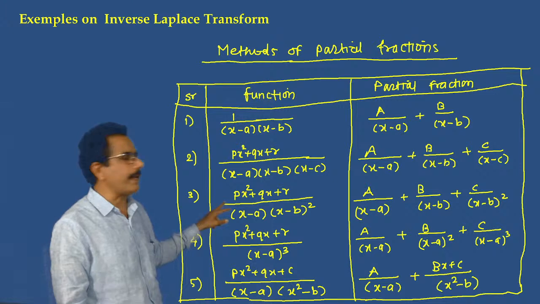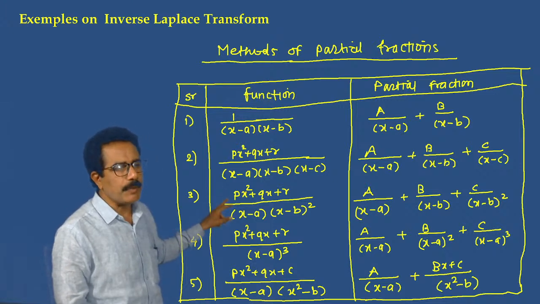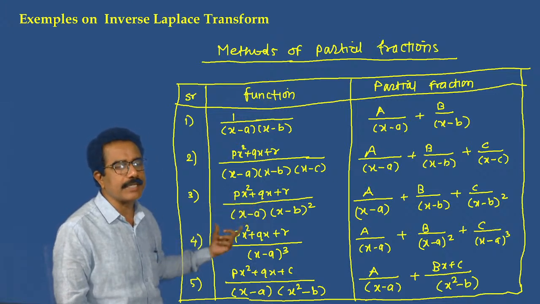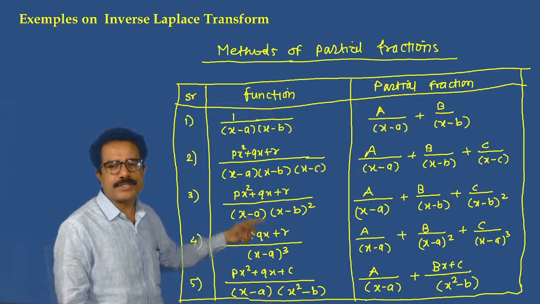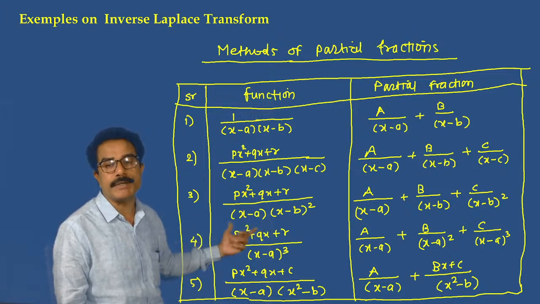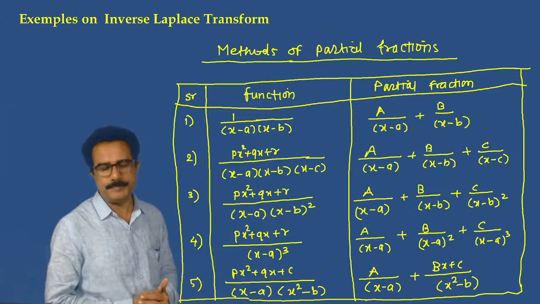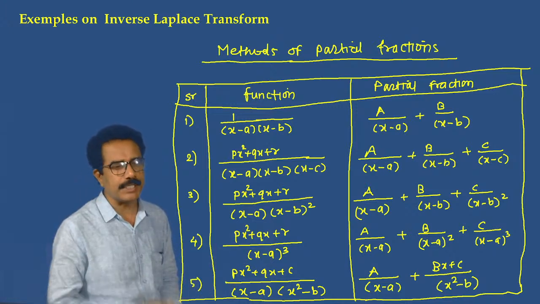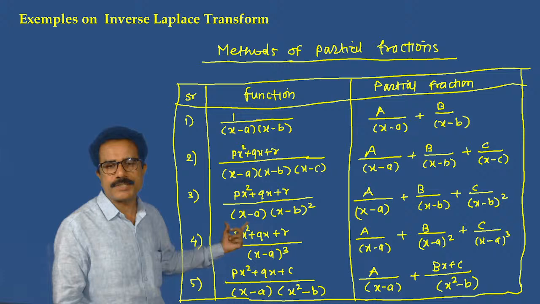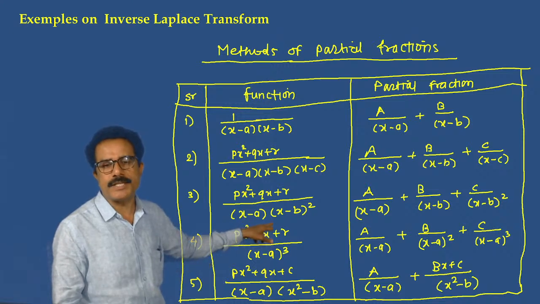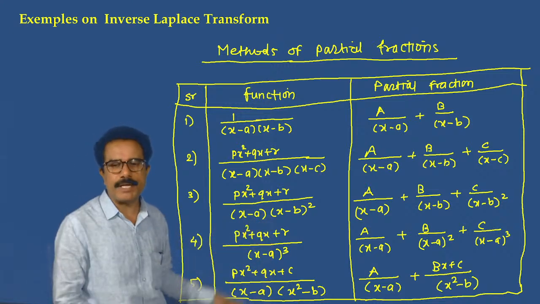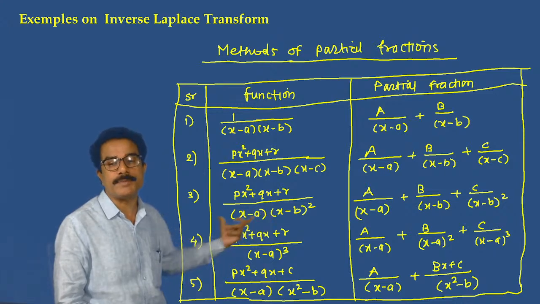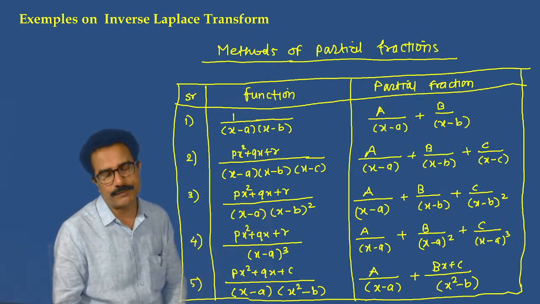Next, the third type of partial fraction is, suppose, (px square plus qx plus r) divided by (x minus a) into (x minus b) bracket square. Here also there are three terms in the denominator. First is x minus a, second is x minus b, third is again x minus b, because (x minus b) bracket square means there are actually three terms in the product form.